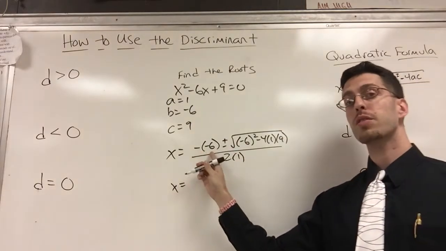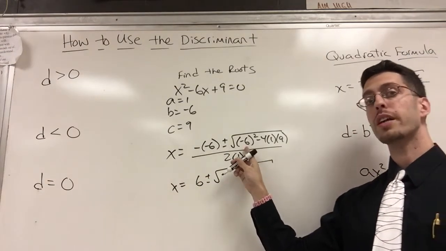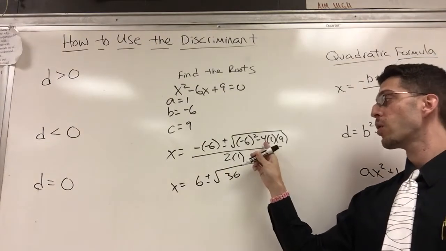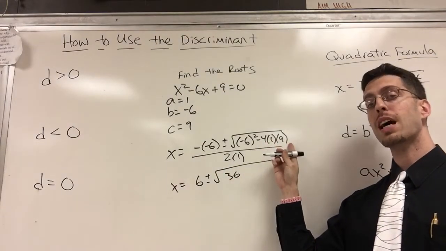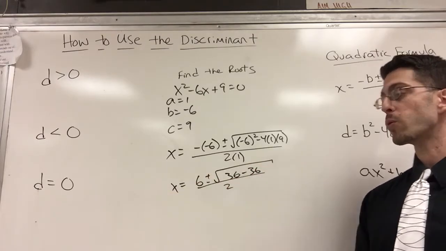Okay, well negative 6 is positive 6 plus or minus the square root of negative 6 squared is positive 36 minus 4 times 1 is 4 times 9 is 36. The whole thing is over 2.